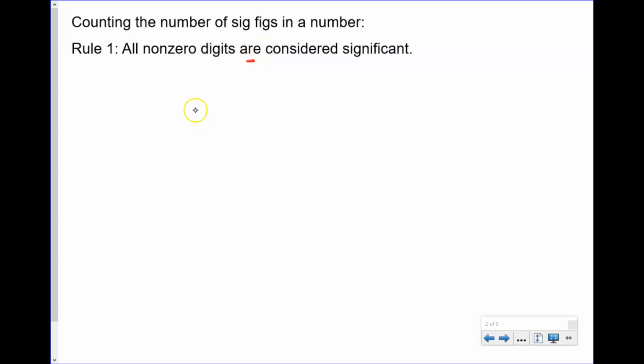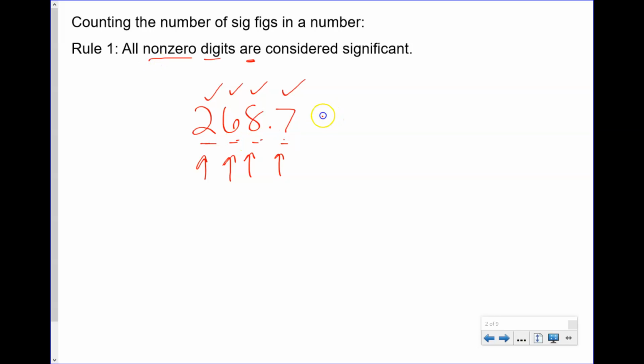So if I take a measurement and it's 268.7, and it could be milliliters or whatever unit, I see all of those numbers are non-zeros. So I would say all of those numbers are what I call significant. When we talk about significant, it's not that numbers aren't important, it's just that in terms of measurement, each one of these holds a certain level of significance in terms of precision. So I've got 4 non-zero numbers, so this number has 4 sig figs.